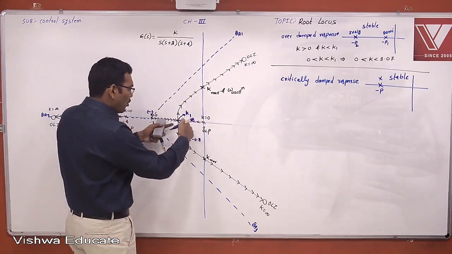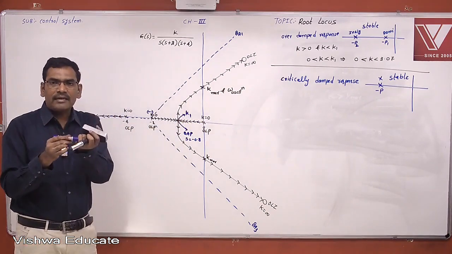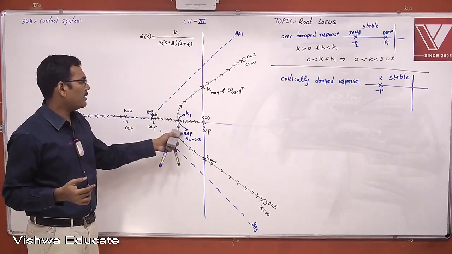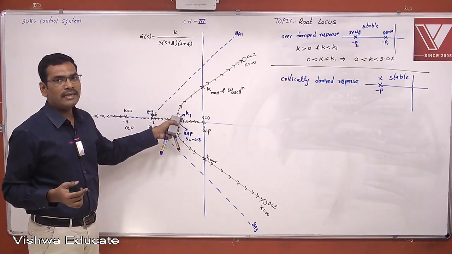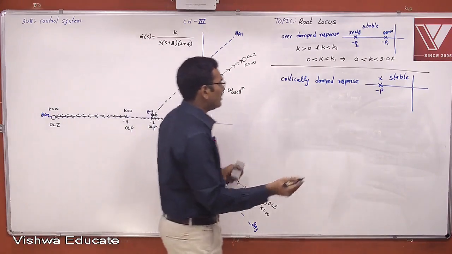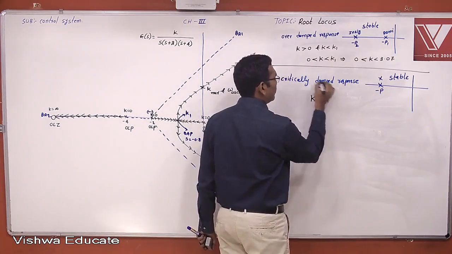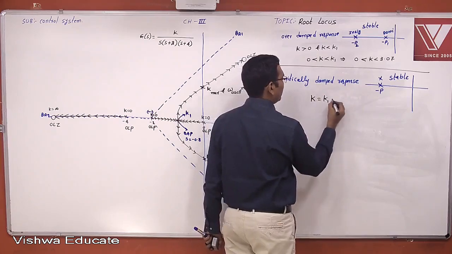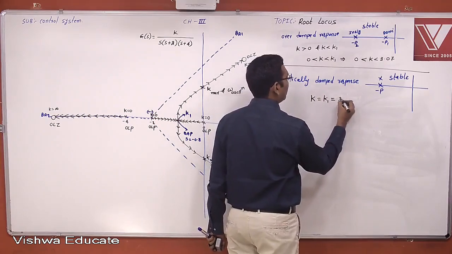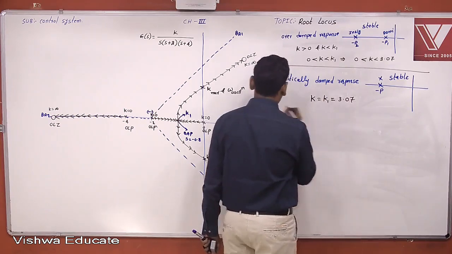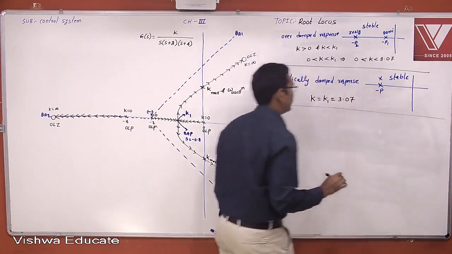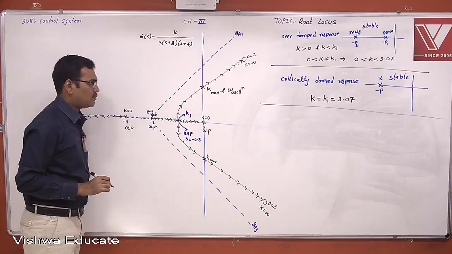Now these two poles are meeting at a particular point. That particular point is called the breakaway point. There the gain is equal to K1, which means that when K is equal to K1, which is equal to 3.07, then the root locus diagram is said to be a critically damped response.